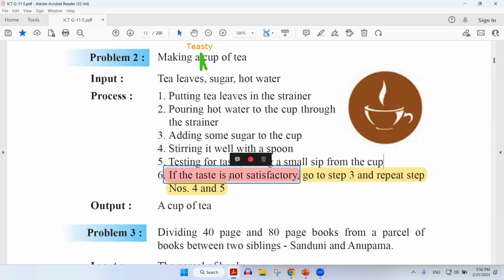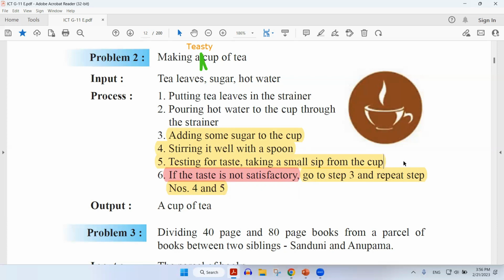If it is satisfactory, then you are getting the output that you desire. So due to this condition, these three steps were repeating. That is another concept that we are going to learn through programming, which we call iteration or repetition.